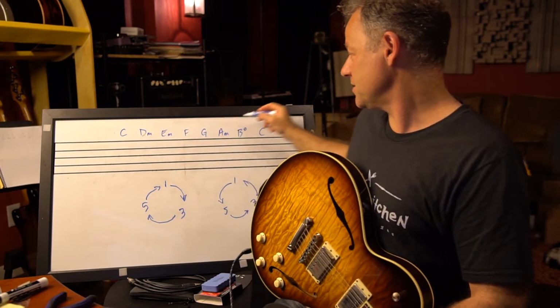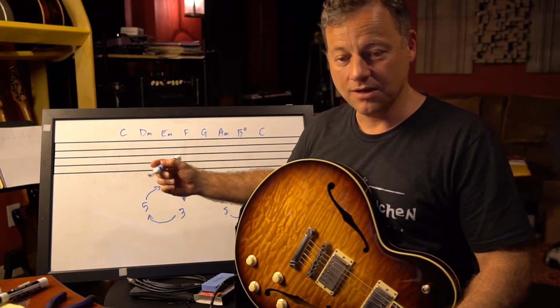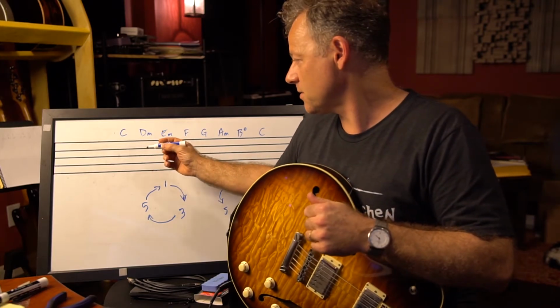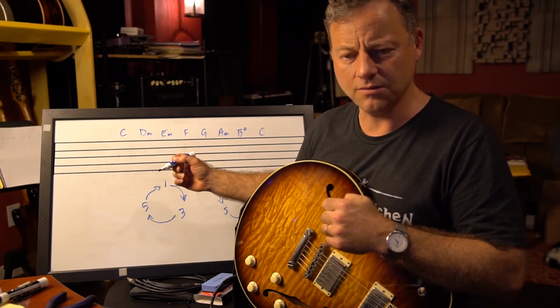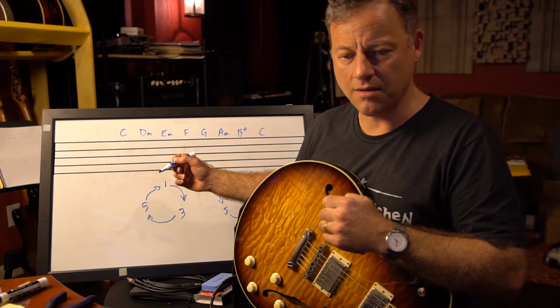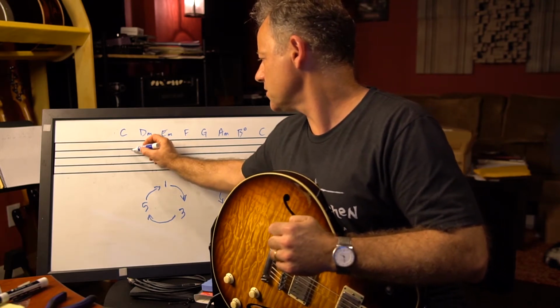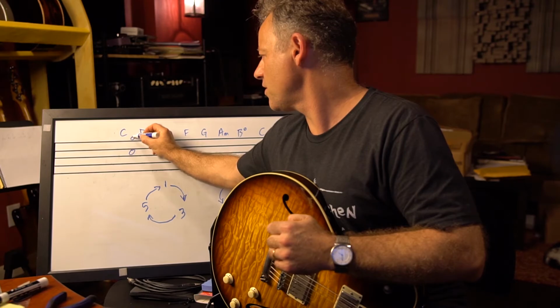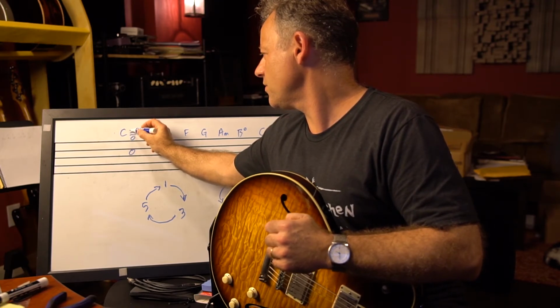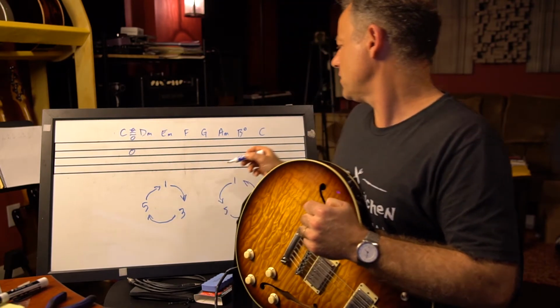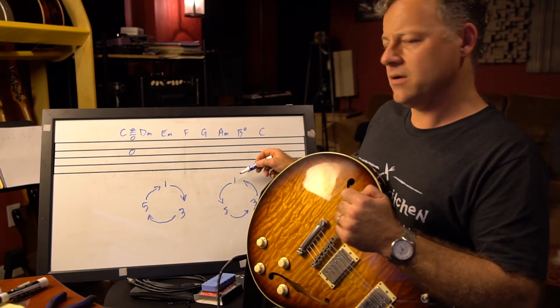It looks like the harmony is ascending, but let's talk about that a little bit. I'll start high because it goes down. So let's start high again. So root, fifth, third.